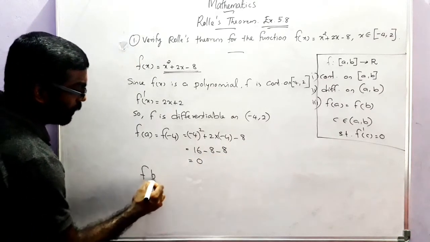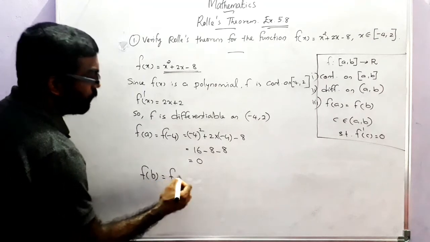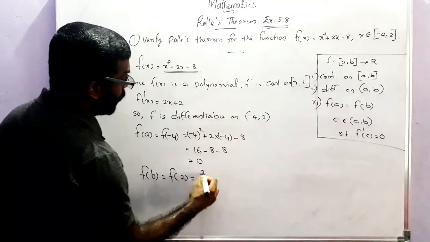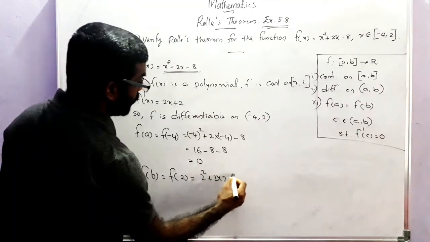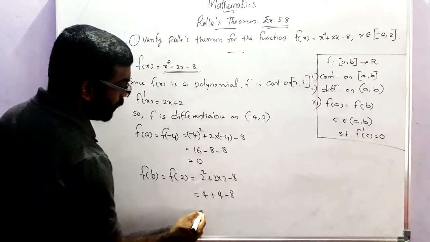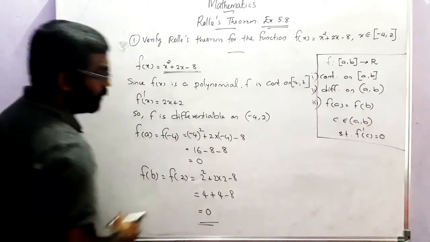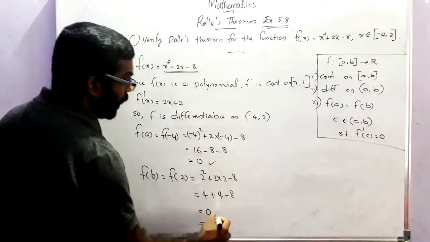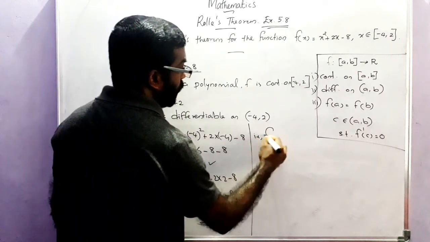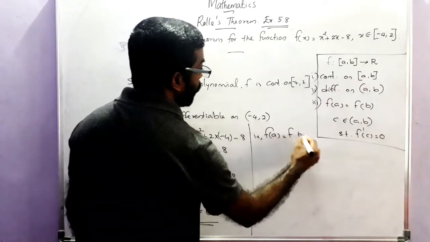And f of b means f of 2, which is 2 square plus 2 into 2 minus 8. That is 4 plus 4 minus 8, and it is 0. That means f of a is equal to f of b.